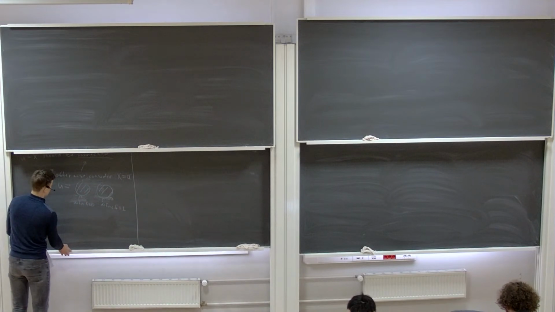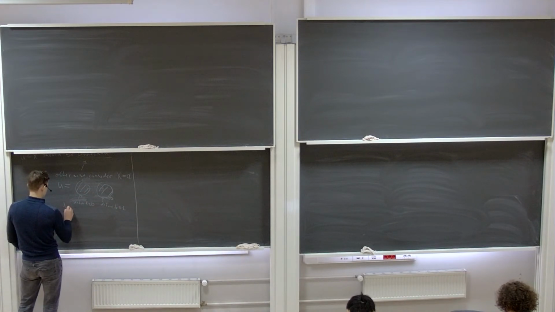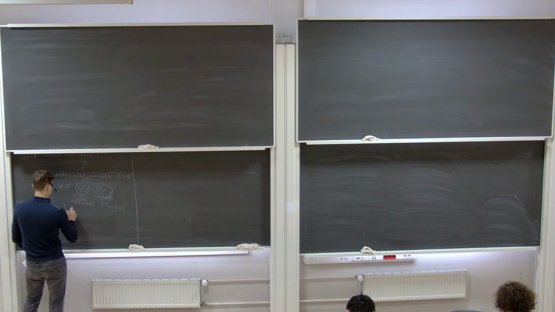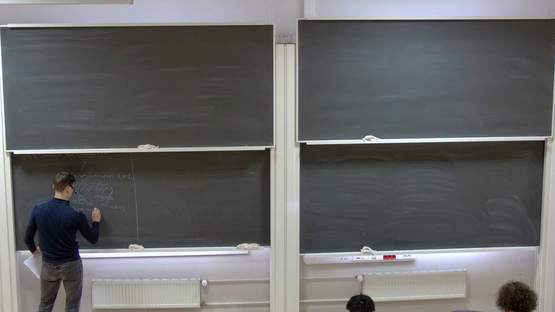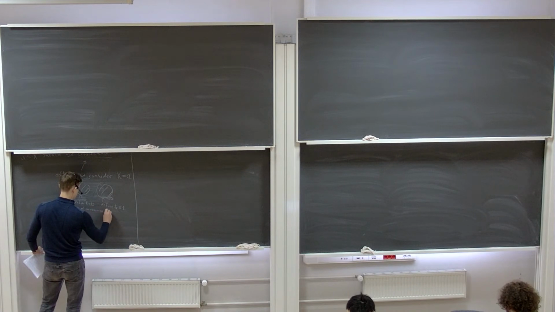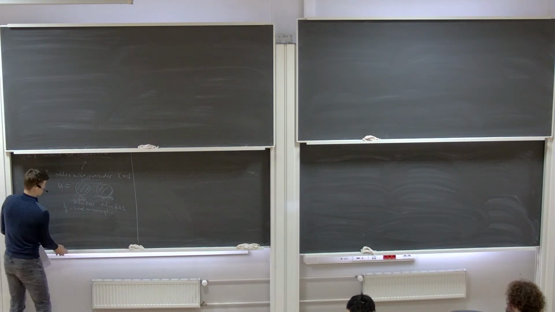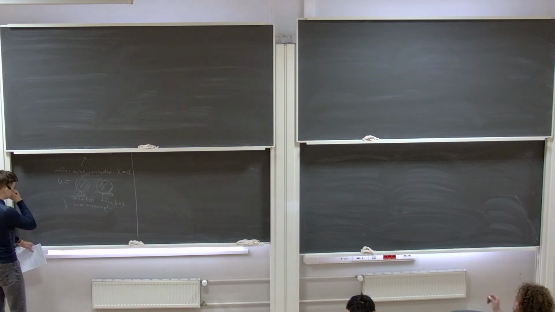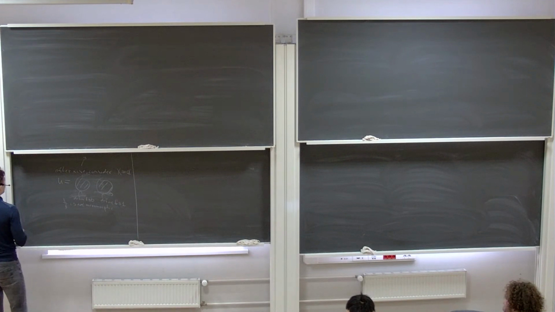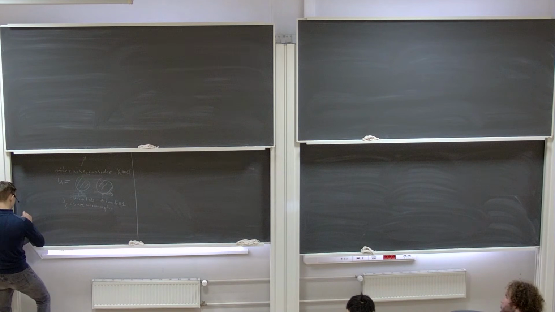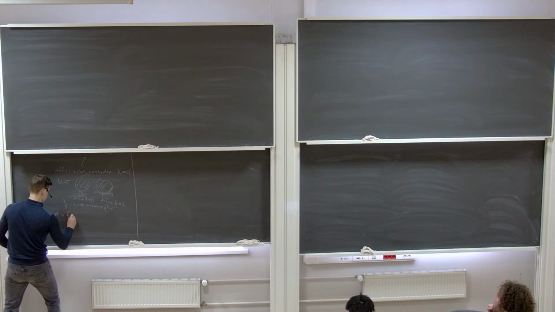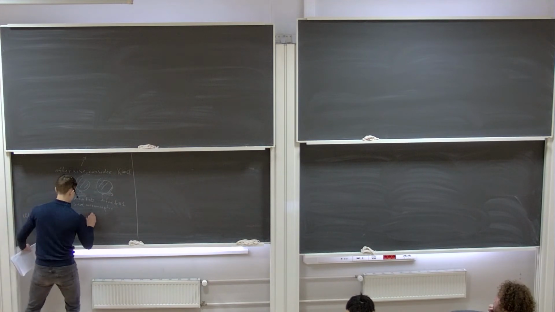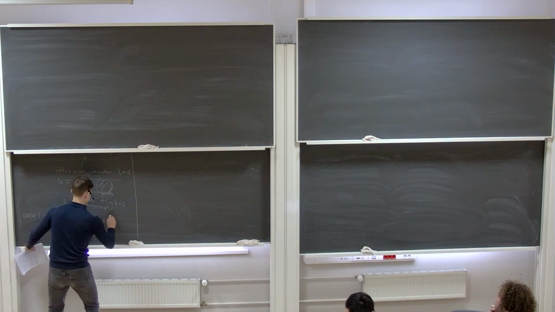Then clearly 1 over F is not meromorphic. So M of U is not a field if U is not connected.